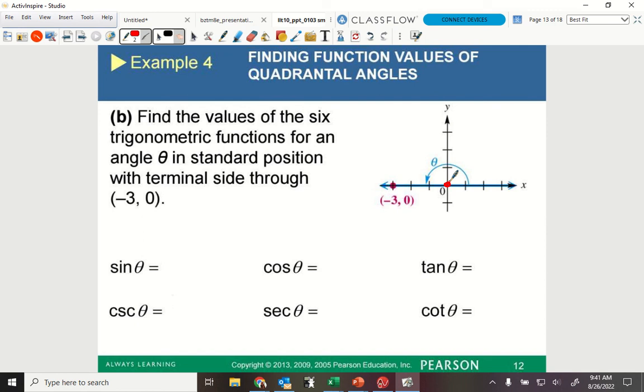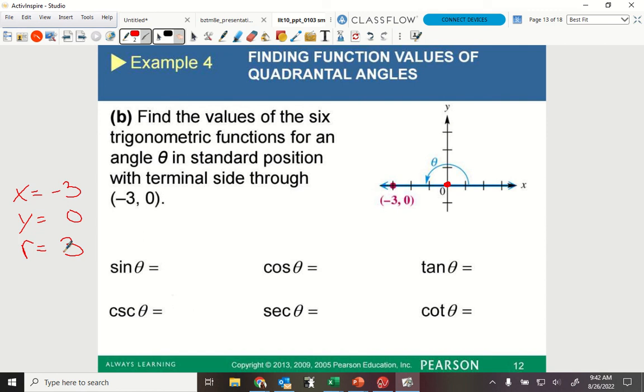So you don't slip, fall on your head, and forget this, write it down in your notes that your r value is always positive. Thank you. So I'm going to write out my x, y, and r. My x is -3. My y is 0. My r is +3.